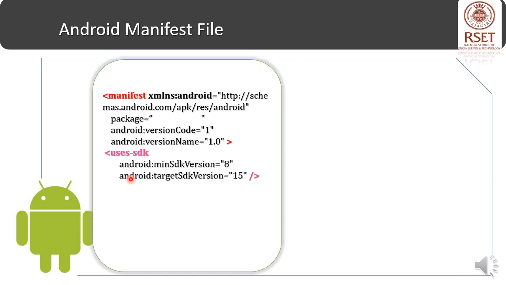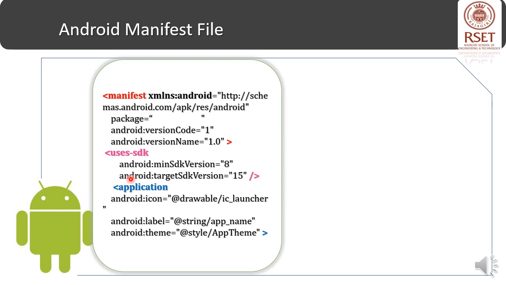Then we have a uses SDK element, which will be discussed in the coming slide. Then we have an application element, which is a sub-element of manifest. It includes the namespace declaration, which contains several sub-elements that declare the application components such as an activity.